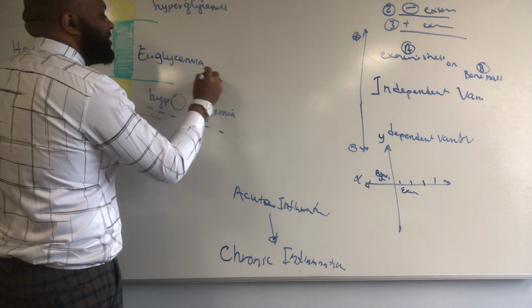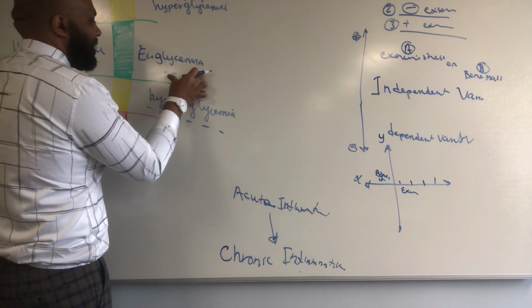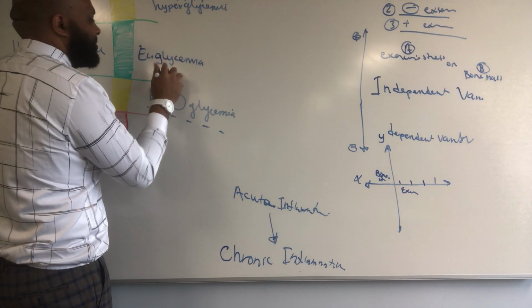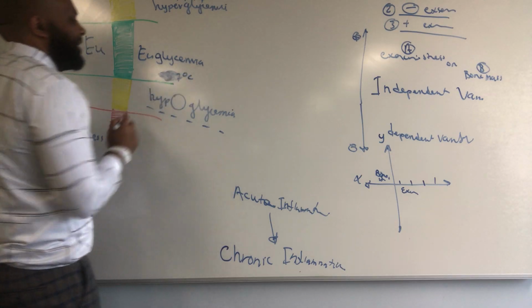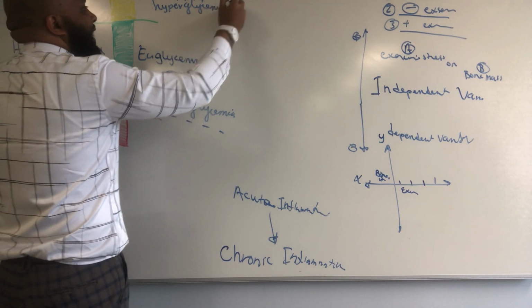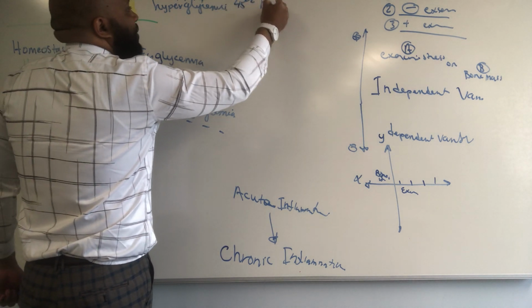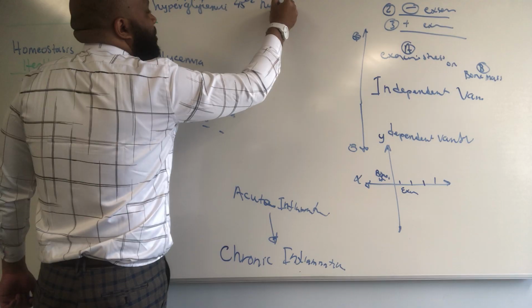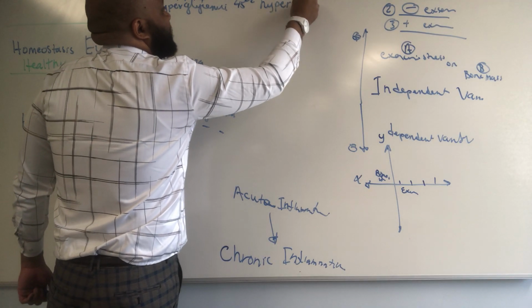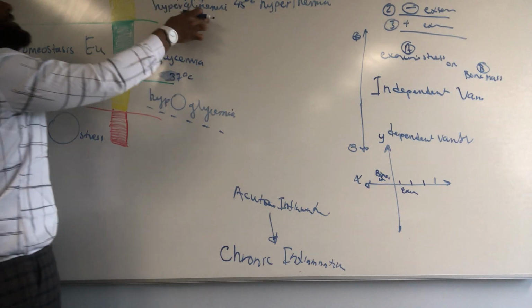Another example is the temperature. The temperature must be 37 degrees Celsius. If it's too hot and it becomes 45 degrees Celsius, is that hyper or hypo? Hyper what? Hyperthermia. When it was sugar, it was hyperglycemia.